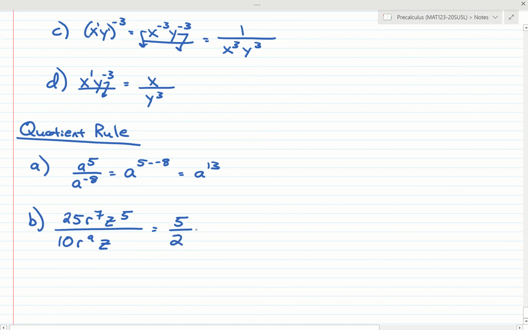R to the 7th divided by r to the 9th, well 7 minus 9 is -2. 5 minus 1 is 4. So what this turns into is, put this over 1 and bring this to the bottom. So we just have on top 5 z to the 4th over 2 r to the 2nd.